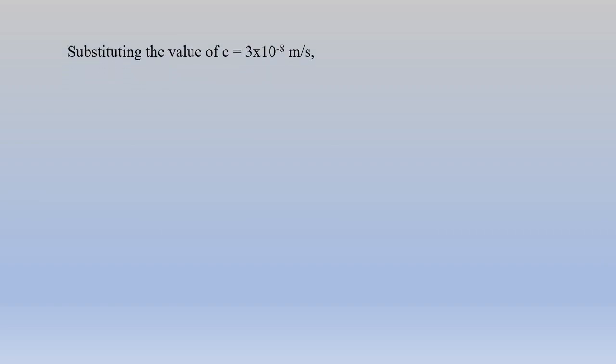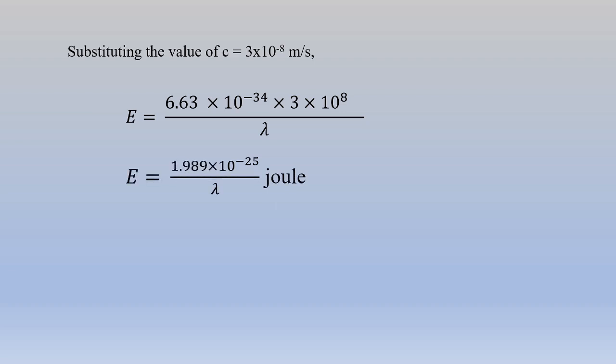Let us substitute the values. E is equal to 6.63 into 10 raised to negative 34 into 3 into 10 raised to 8 divided by lambda. After the calculation, the energy of the photon in joule is 1.989 into 10 raised to negative 25 by lambda joule.